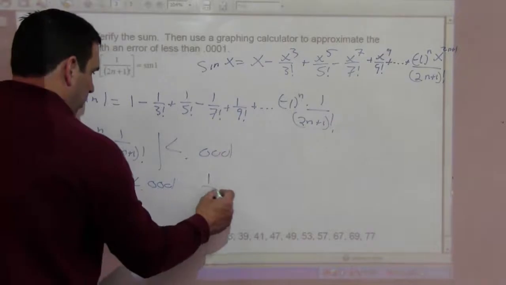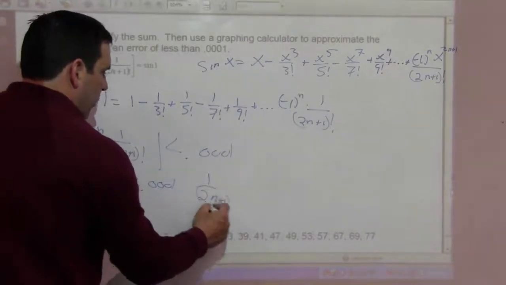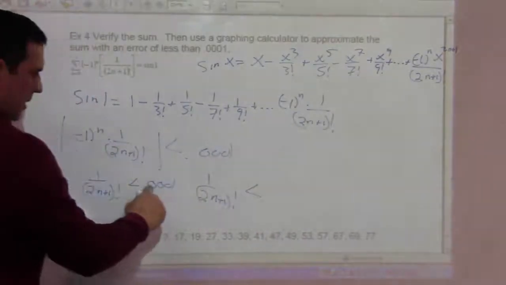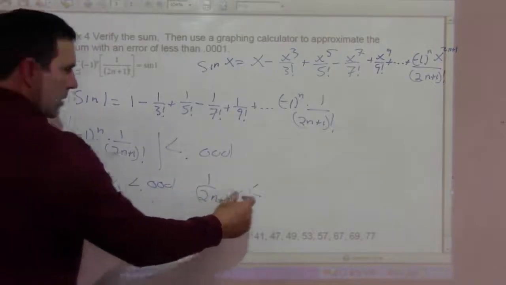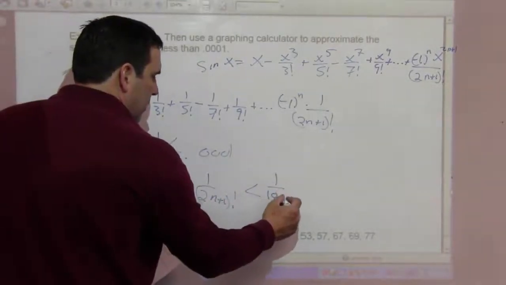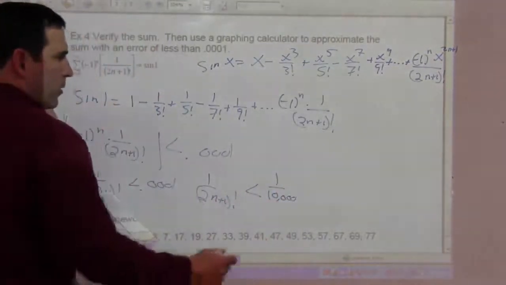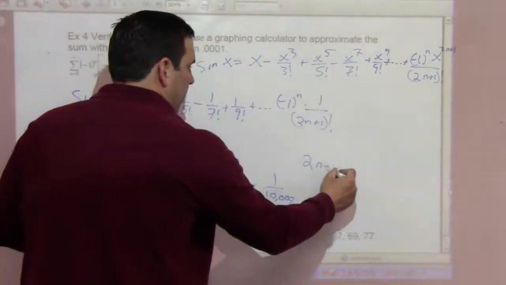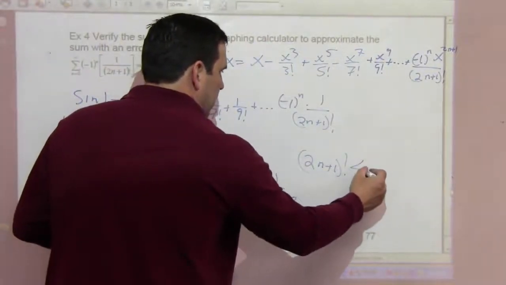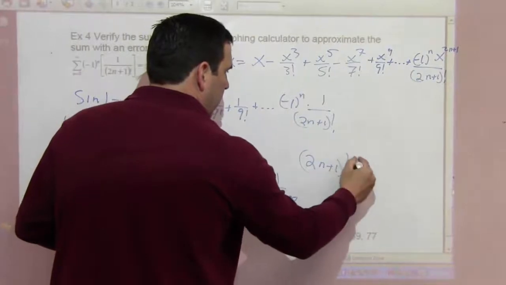So 1 over 2n plus 1 factorial needs to be less than, this is tenths, hundredths, thousandths, 10,000ths, 1 over 10,000. So 2n plus 1 factorial needs to be greater than 10,000.